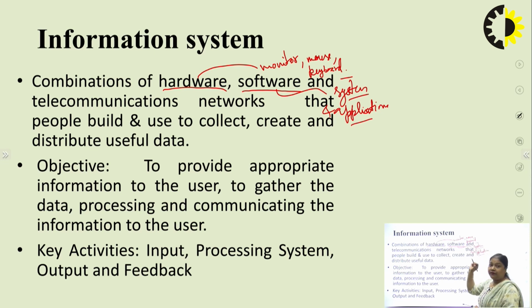System software is like the operating system. Operating system is a kind of system software. And application software is what we use in our system to do various tasks, like calculator, MS Word. All these things are application software.